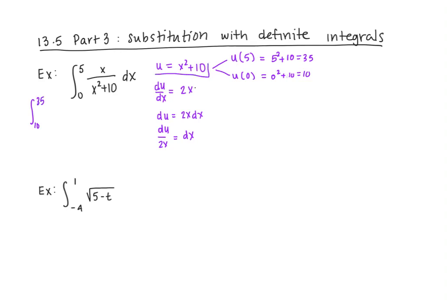And then I'm going to substitute these two items in. So I've got x over u times du over x. Well, what happens is the x's will cancel, and now I've got the integral from 10 to 35 of 1 over u du.